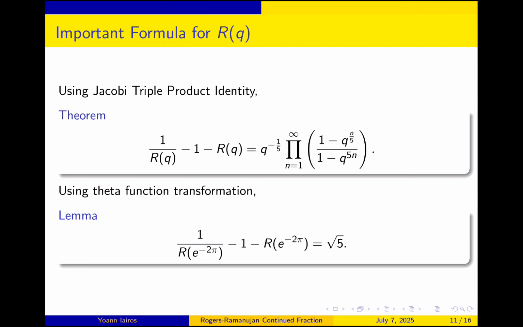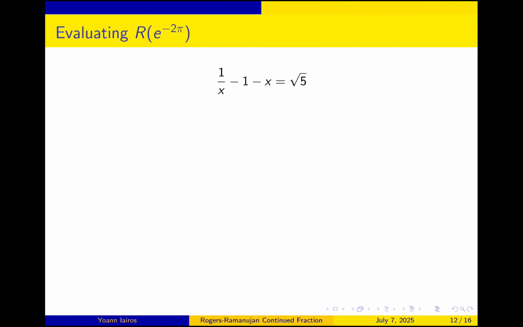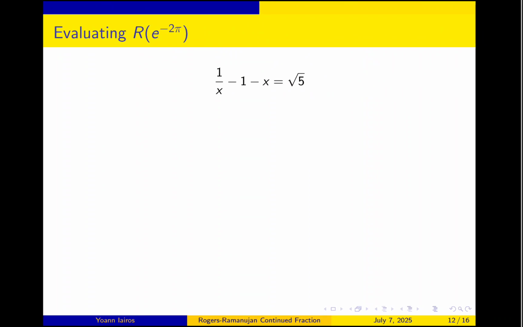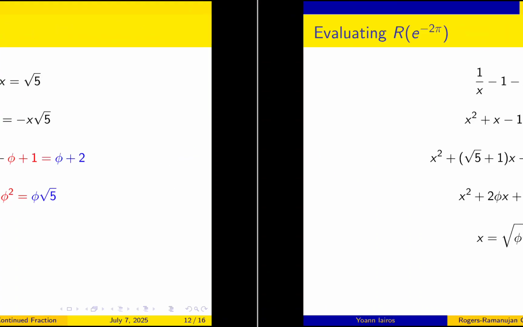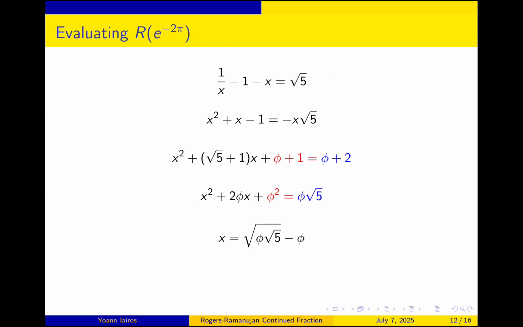And this gives you a very nice equation, and this should be very exciting because if we denote R of e to the minus 2 pi by x, we can rewrite the last relationship like this, and this can easily be turned into a quadratic equation which everyone knows how to solve. And when you solve it, you get x equals this delightful closed form, which is exactly the explicit evaluation which we wanted to outline the proof of at the beginning.